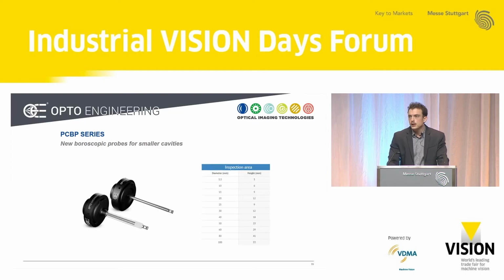In the table, I reported the typical range of diameters that can be inspected with these lenses. Diameters that range from 5.5 to 100 millimeters, more or less, and of course the height of the sides that you can inspect change accordingly.